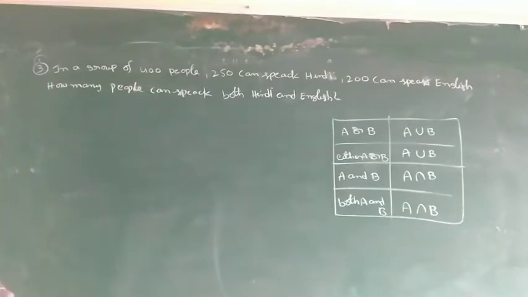In a group of how many people? 400 people. So there are 400 total students.